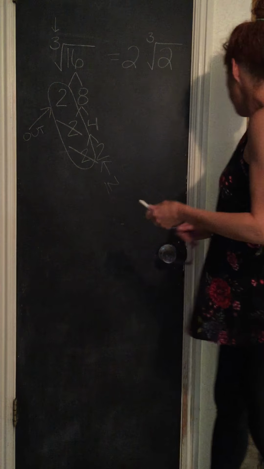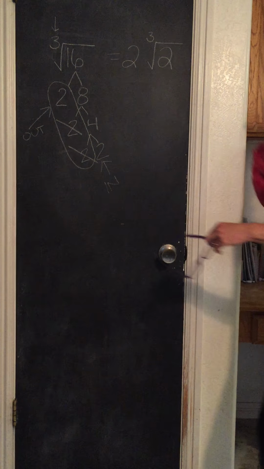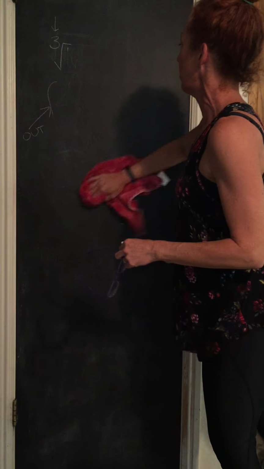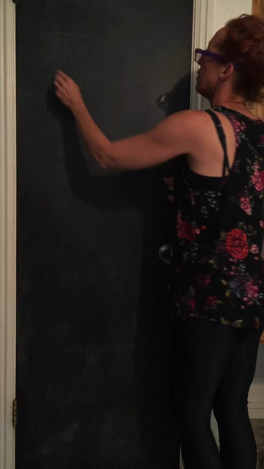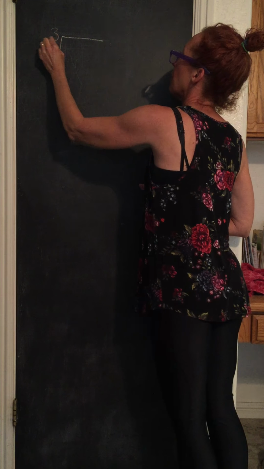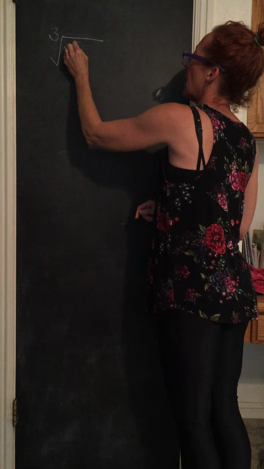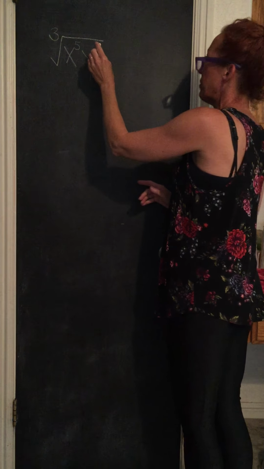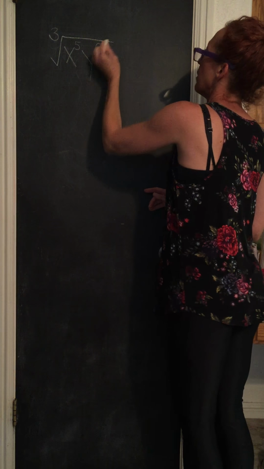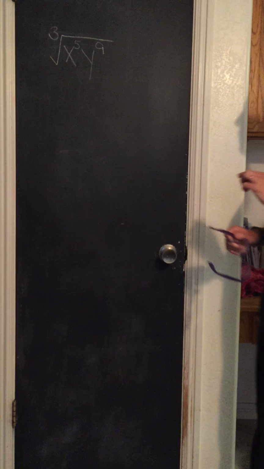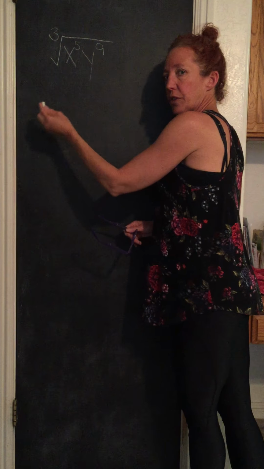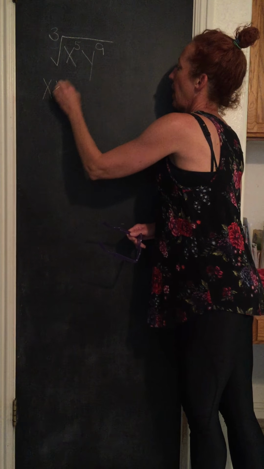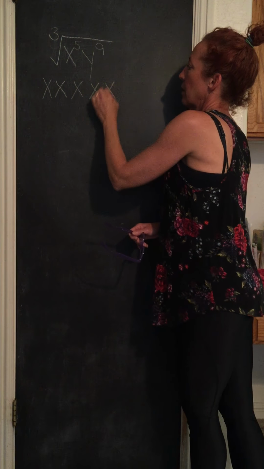Something similar is going to happen when we have exponents. Instead of dividing by 2, we're going to divide by 3. I'm going off script here, just to show you what these variables look like. If I have x to the 5th, and I choose to write it out, I have x, x, x, x, x.